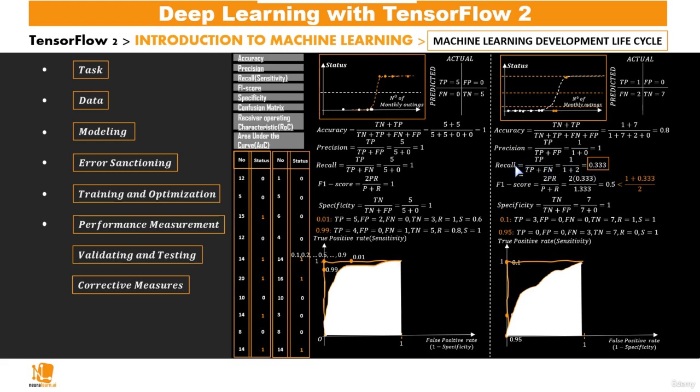So it's important to know what metric is very important to you. As in this case, our recall is a very important metric, because it tells us how our model behaves when it comes to false negatives.